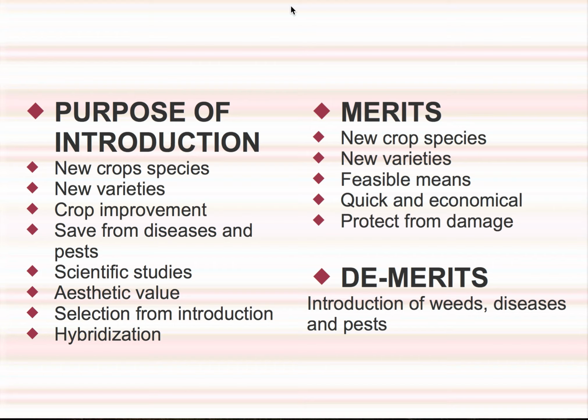Then plants may be introduced in new disease-free areas in order to protect them from damage. Example: coffee and rubber were introduced into new areas in order to protect them from various diseases. Coffee was introduced in South America from Africa in order to prevent losses from leaf rust, and similarly rubber was brought to Malaya from South America in order to protect it from leaf diseases.